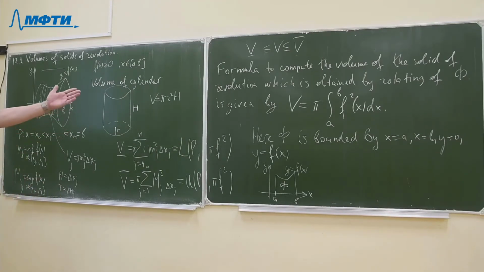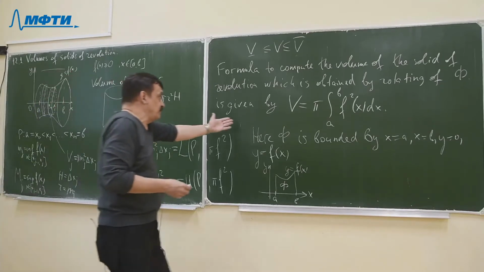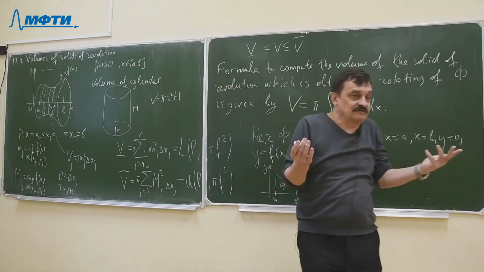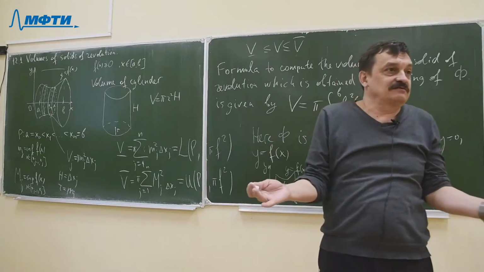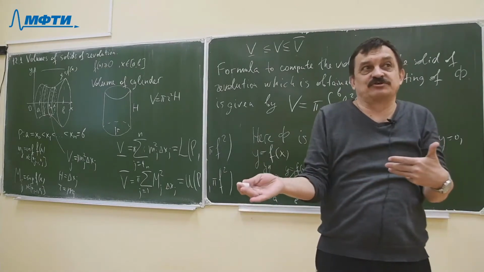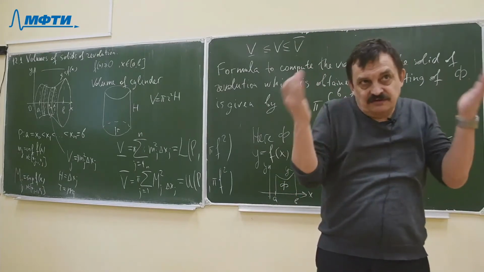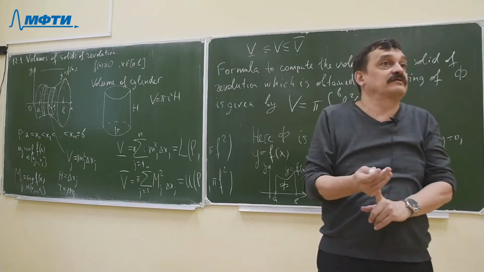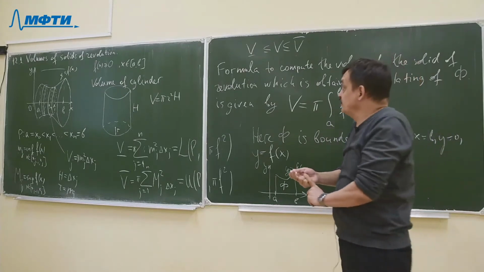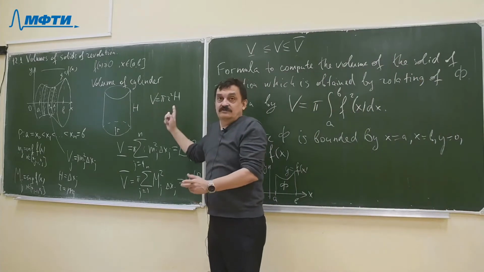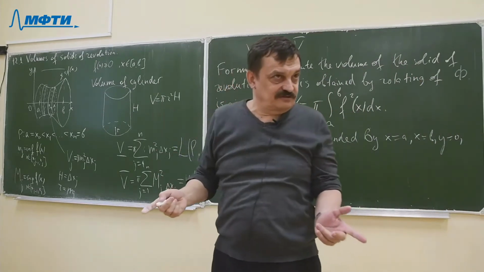So you see that practically we proved that formula, but we proved it without a definition. We refer to some geometrical intuition which lies behind the notion of volume, one thing. Other thing, we refer to the formula for the volume of a cylinder.